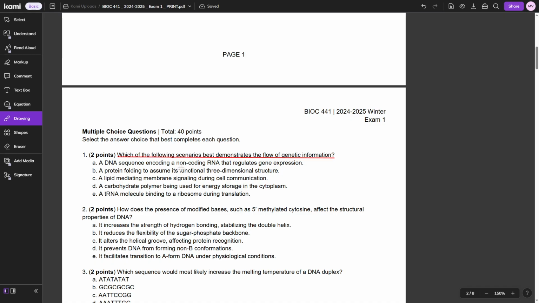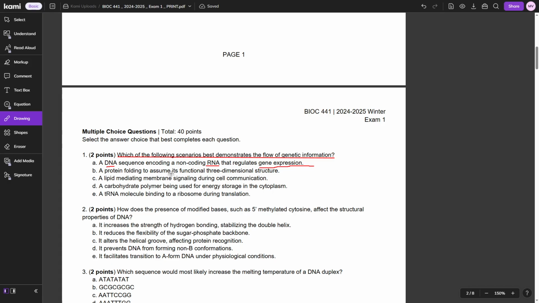DNA sequence encoding a non-coding RNA that regulates gene expression. Okay, that's reasonable. We're not going from DNA to RNA to a protein, but we are going from a DNA to an RNA that regulates gene expression, something like a microRNA. So I can see that being reasonable.